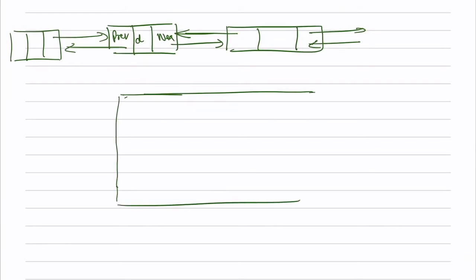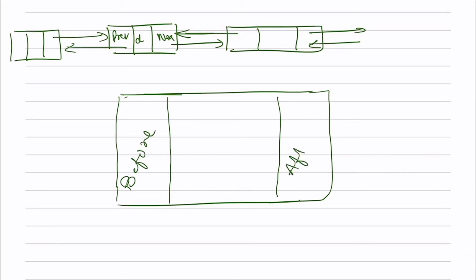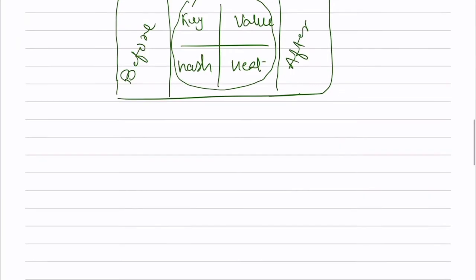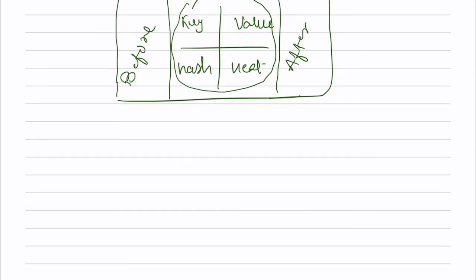I am just showing you different things so that you remember and do not forget. So like this also you can imagine, and there will obviously be things like key, value. Your imagination is really important, otherwise it's very difficult to understand the concepts. So this will be the hash map's node.